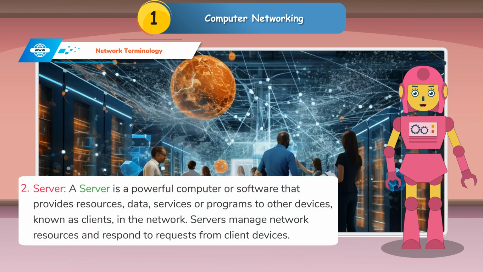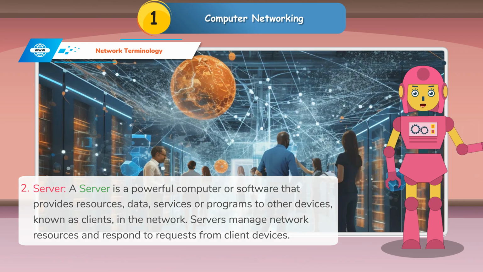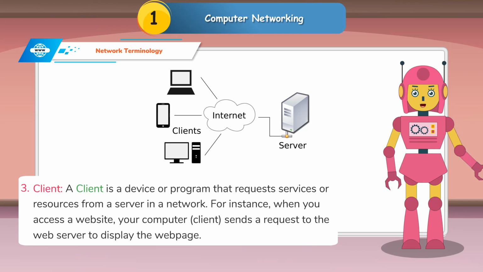2. Server. A server is a powerful computer or software that provides resources, data, services, or programs to other devices known as clients in the network. Servers manage network resources and respond to requests from client devices. 3. Client.